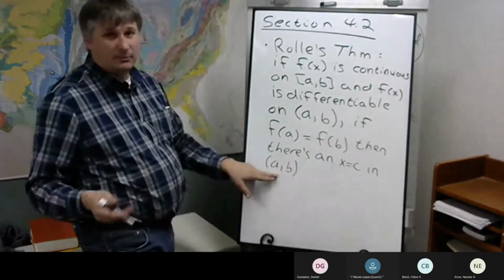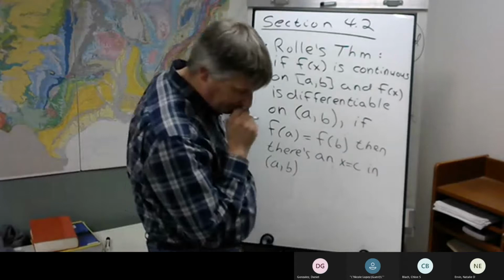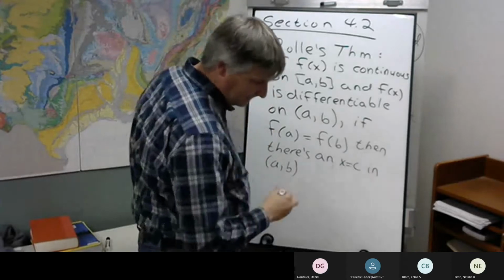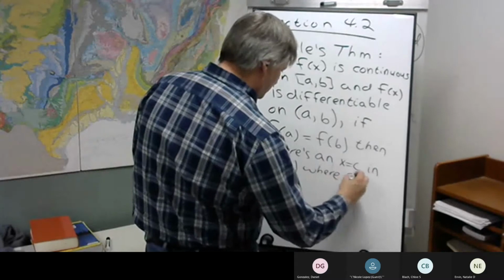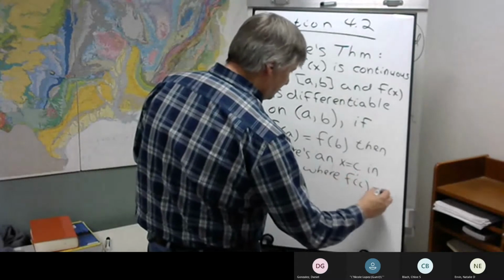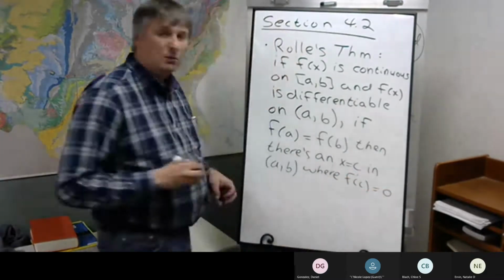So there's some c between a and b where f prime of c is equal to 0.